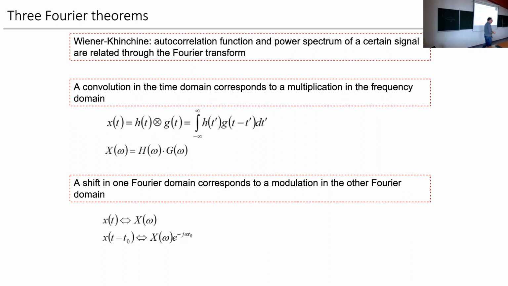Do you know what the autocorrelation function is? It's kind of like when you have two graphs and you slide them over each other and then calculate the area. Yeah, that's in general what the convolution is. But if you do that with the same function, then it's an autoconvolution or autocorrelation.